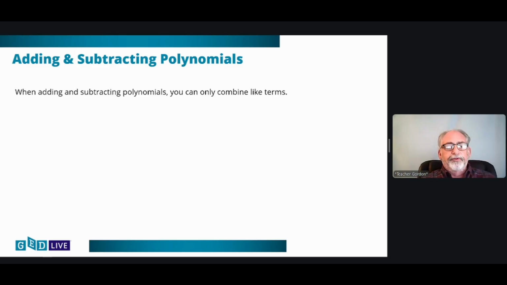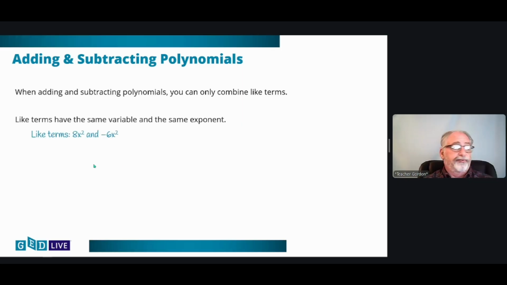Now, when you add or subtract polynomials, you can only add or subtract what we call like terms. Like terms have both the same variable and the same exponent. So for example, here we have 8 times x squared, and here we have negative 6 times x squared.